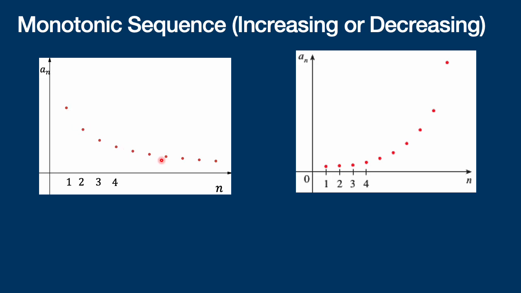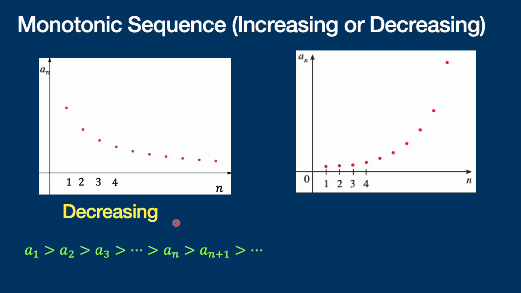What happened? The numbers of the sequence are decreasing. We call this a decreasing sequence. The mathematical way to define it: A1 is greater than A2, A2 is greater than A3. Generally, An is greater than An plus 1.